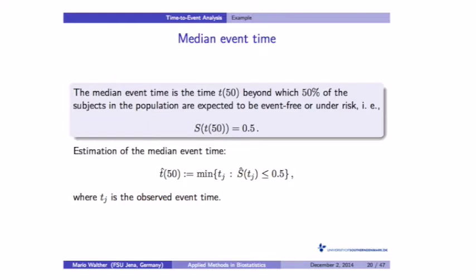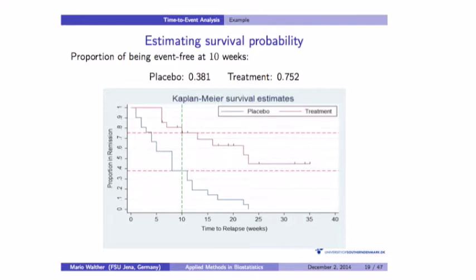But this can be deduced very easily from the Kaplan-Meier estimator. In the Kaplan-Meier plot, you draw a horizontal line at 50% survival probability, and at the point where this horizontal line crosses the Kaplan-Meier curves, here and here, you can read off the appropriate value from the time axis to get the median survival time or event time.